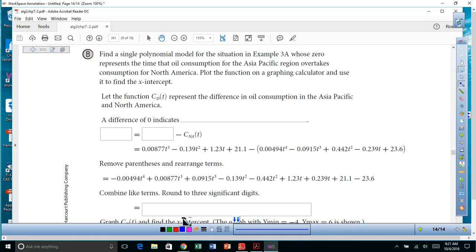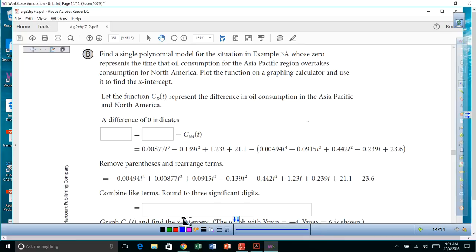Find a single polynomial model for the situation in example 3a, whose 0 represents the time that oil consumption for the Asia-Pacific region overtakes consumption for North America. Plot the function on a graphing calculator and use it to find the x-intercept.